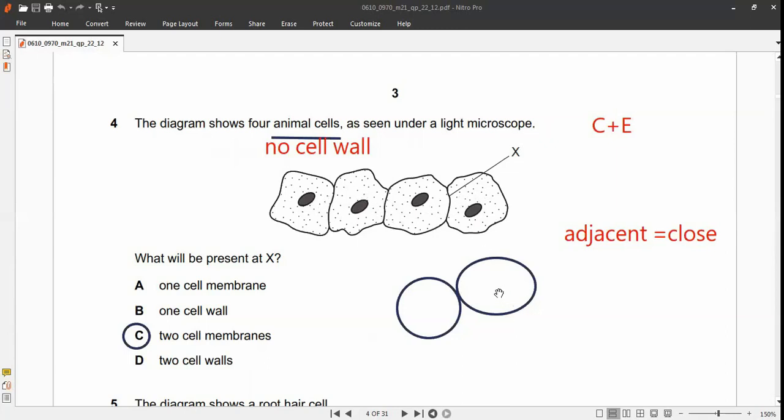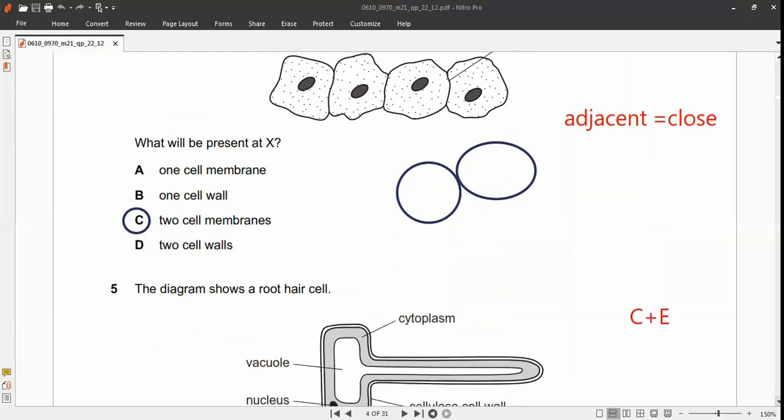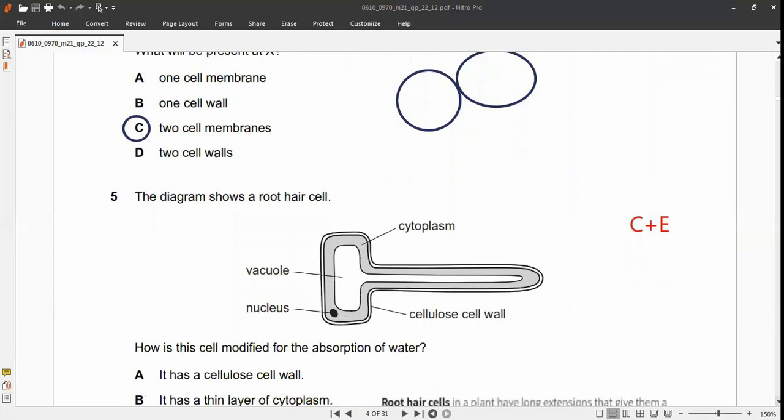So that means 2 cells, 2 cell membranes, not 1 cell membrane, no cell wall. This is an animal cell, not a plant cell. Okay, and no 2 cell walls. So the correct answer is 2 cell membranes. But what will be present at X? 2 cell membranes.